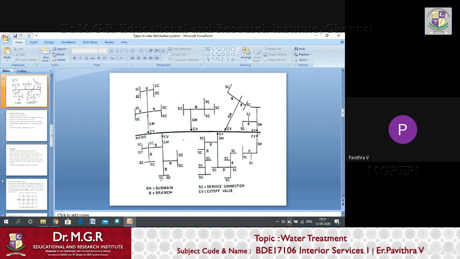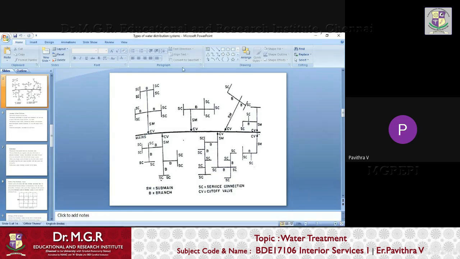If you draw this in class itself, it will be easy for you from the exam point of view. So this shows you the dead end system.